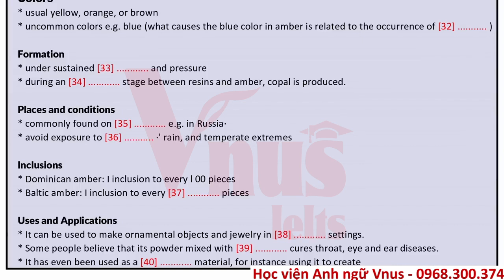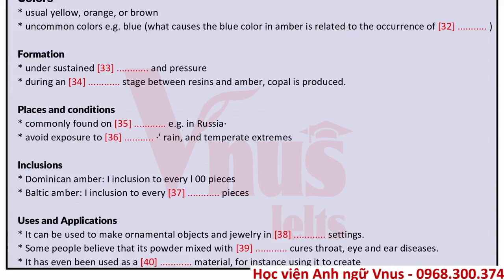So where can we find amber? It can be found on seashores. The main producer worldwide is Russia. In fact, about 90% of the world's available amber is located in the Kaliningrad region of Russia, which is located on the Baltic.